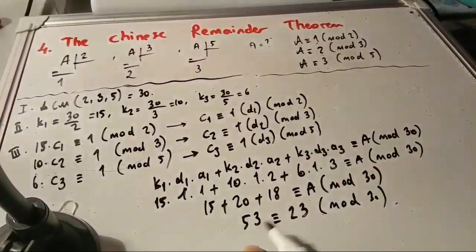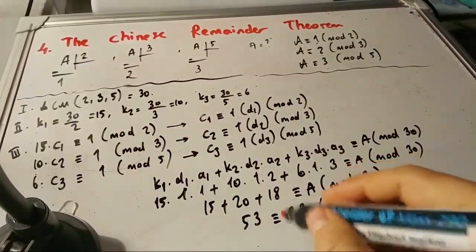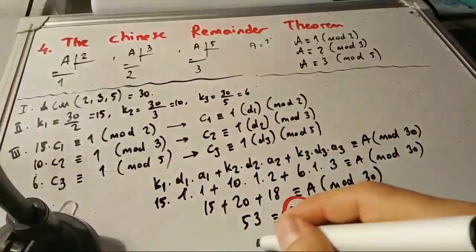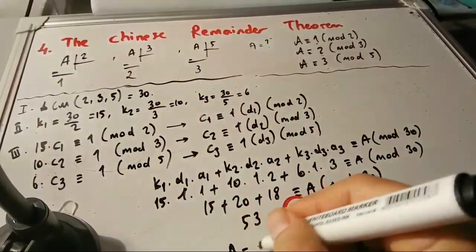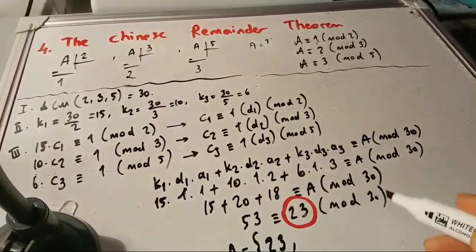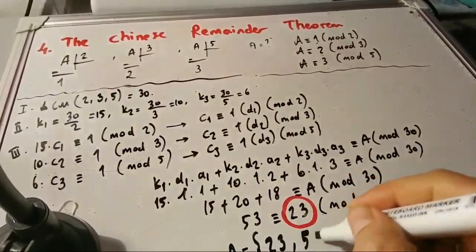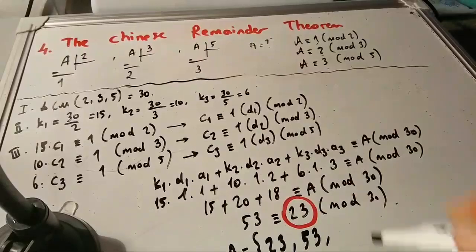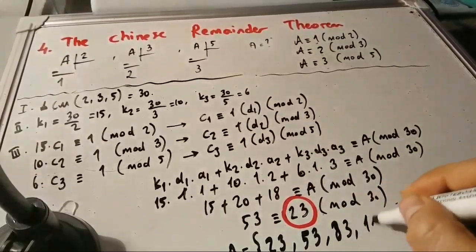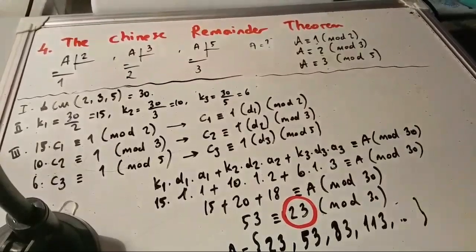When we divide 53 by 30, the remainder is 23. Okay, we got the solution. A is 23. 23 plus 30 is 53. 53 plus 30 is 83. 83 plus 30 is 113, and so on. We can take all those values for A.